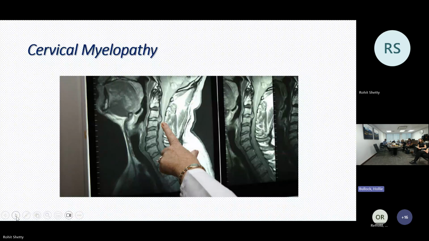The learning curve with spinal endoscopic surgery is really steep. You're talking about years. We don't have enough data to compare conventional microdiscectomy versus an endoscopic disc in the lumbar spine.